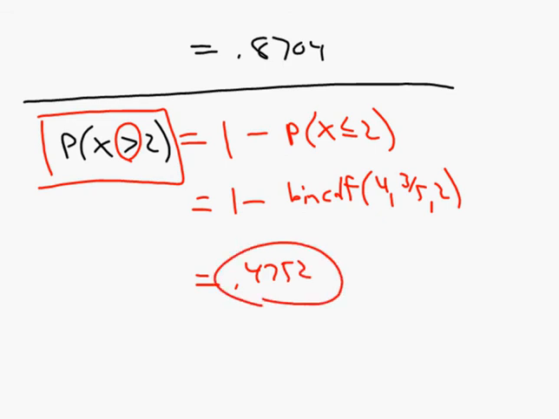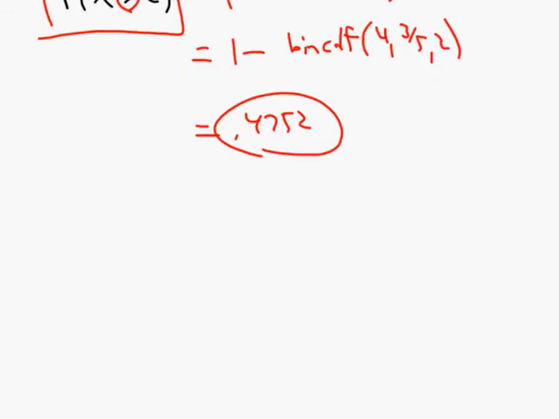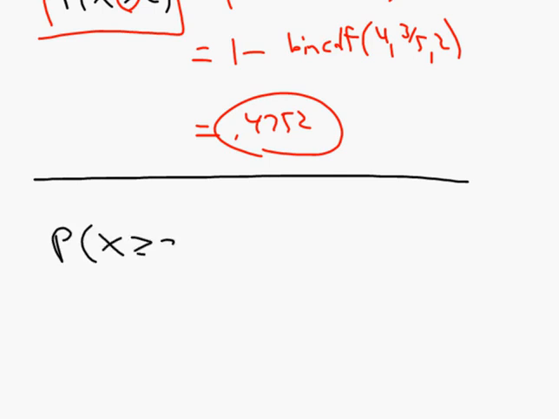All righty. Now, one more tricky question. What if I had asked for the probability that x is greater than or equal to 2? That's like asking, what's the probability I got at least 2 shots in? I want to write this in the opposite event, but a problem occurs. The opposite of x greater than or equal to 2 is x less than 2. The calculator does not do the probability that x is less than 2.